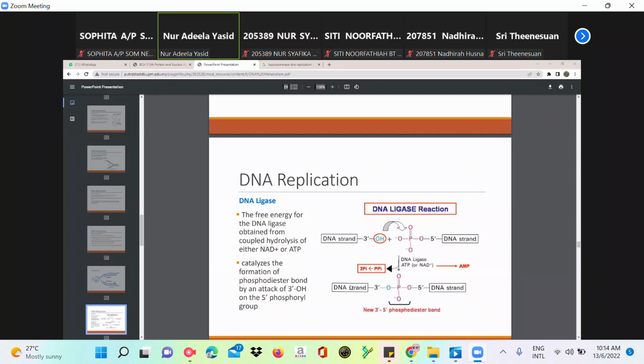This is the mechanism catalyzed by DNA ligase. This reaction requires free energy obtained from the coupled hydrolysis of NAD+ or ATP.